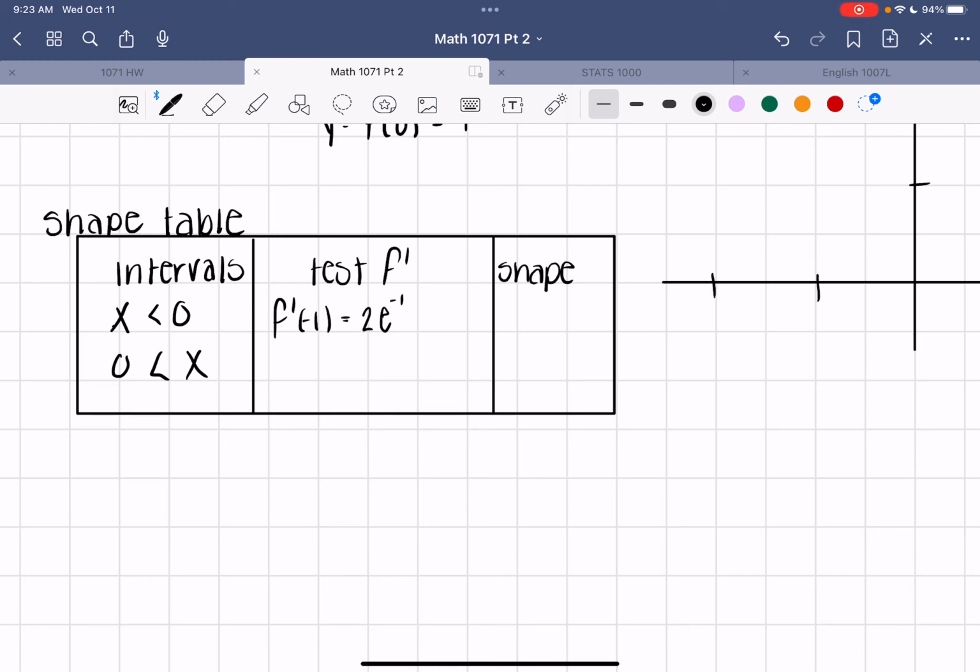So if you drew the red, I couldn't fault you for it, because so far that's all the information you've got. In fact, in 5.2, when we learn about concavity, we'll learn that this thing is actually doing this. But as I say, as a 5.1 problem, all you know is increasing and decreasing.